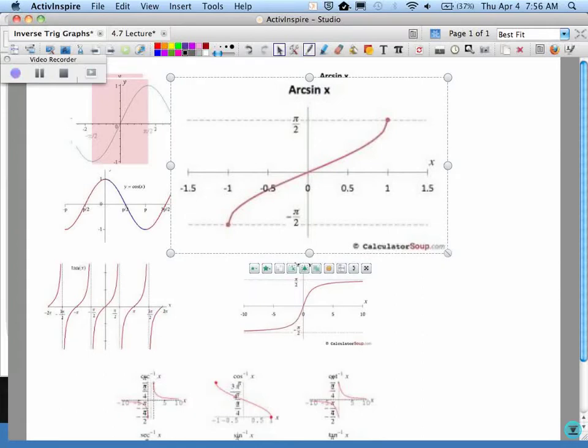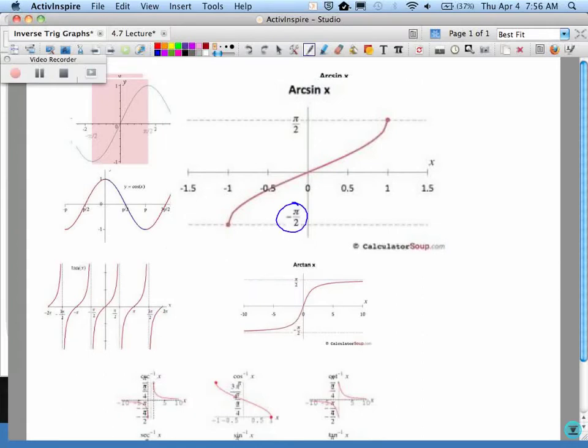Those are the outputs. Where is that on the unit circle? Bottom of the unit circle to the top of the unit circle. So if you go from negative 90 to 0 and 0 to 90, what quadrants are we talking about? Quadrants 1 and 4. Between negative pi over 2 and pi over 2.